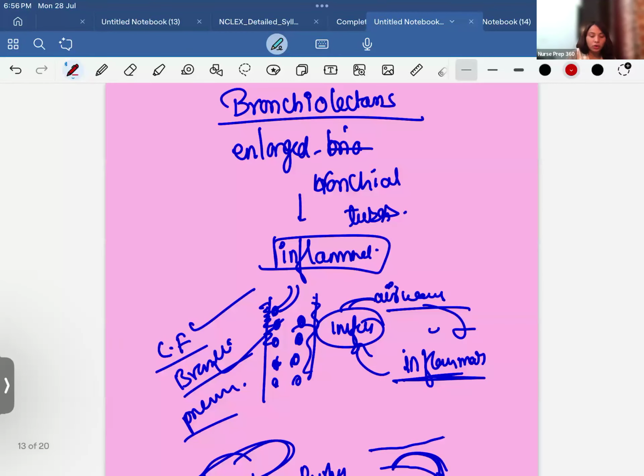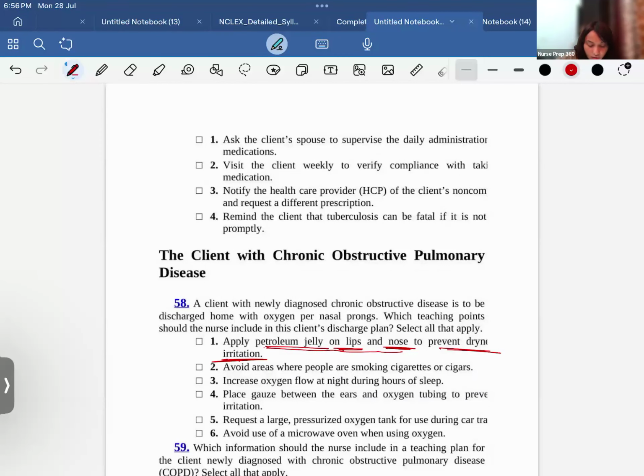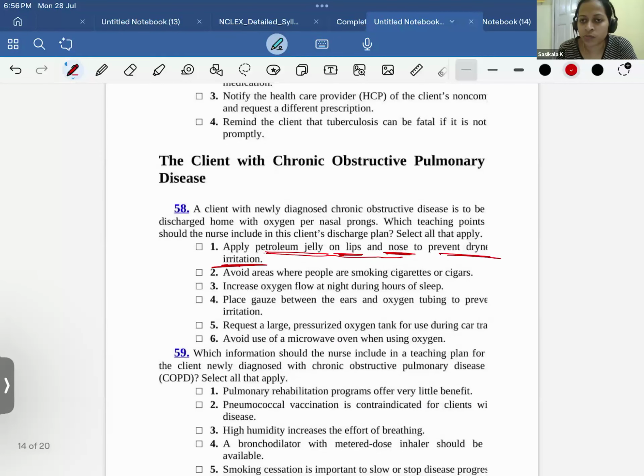When you keep your patient on nasal prongs, does the patient feel dryness? Yes, the patient feels dryness, and you're putting petroleum jelly. Next, avoid the area where people are smoking cigarettes and cigars. Why?